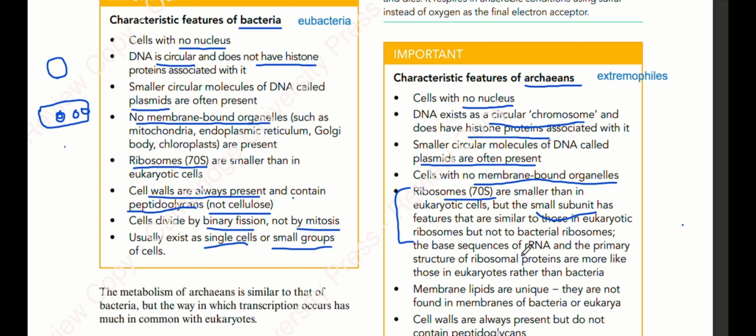The base sequence of ribosomal RNA and the primary structure of ribosomal proteins are more like those in the eukaryotes rather than bacteria.